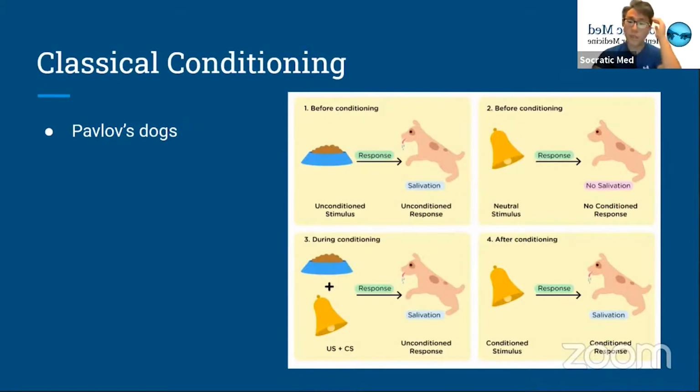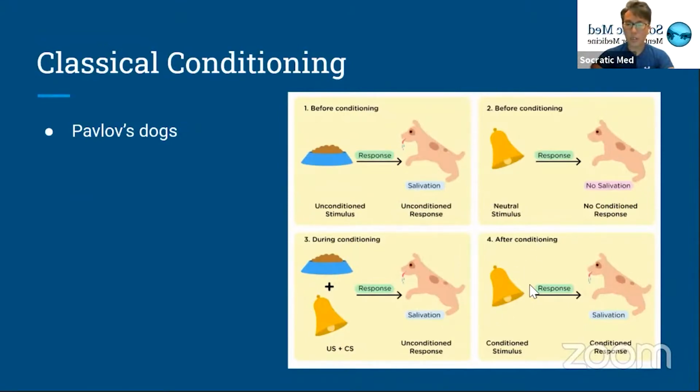So that would mean the bell can now cause a conditioned response of salivation. So the dog has learned to pair the bell with food. Whenever the dog heard the bell, he automatically thought that he was getting food because during conditioning, he was presented with food and a bell at the same time.